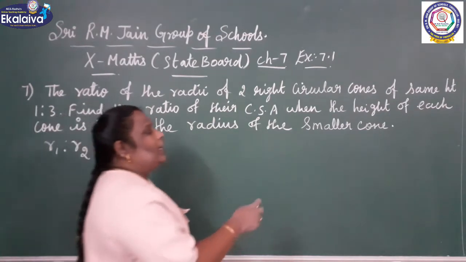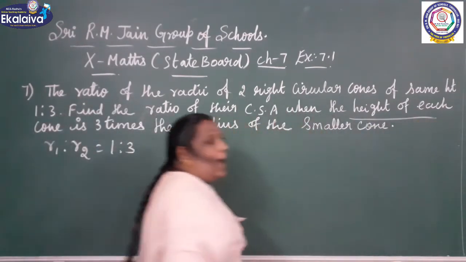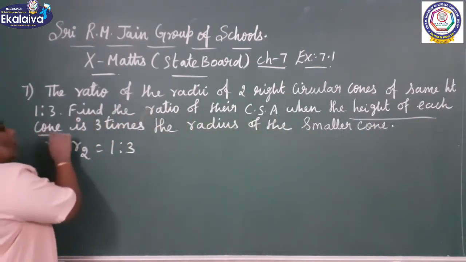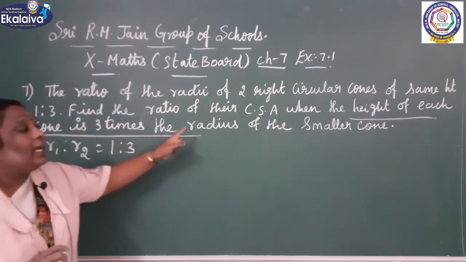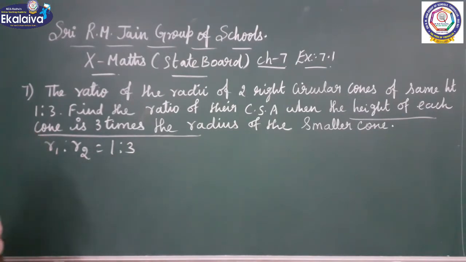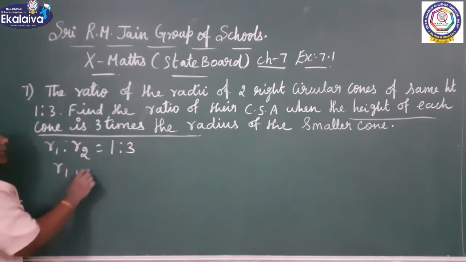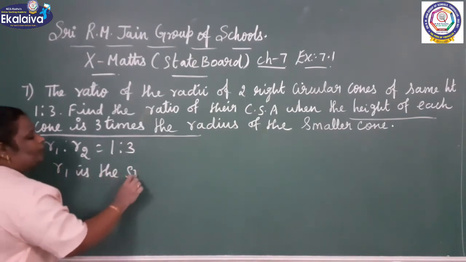Then the condition is given: the height of each cone is 3 times the radius of the smaller cone. So you can take R1 as the smaller cone.